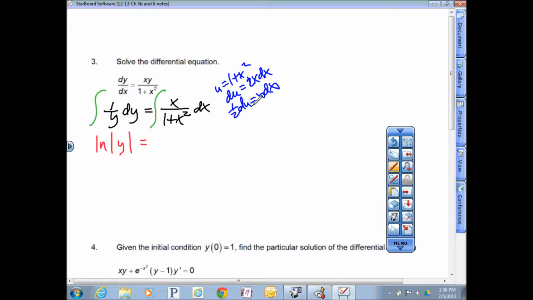So I'll throw that in, and I'll end up integrating then 1 over u du with a 1/2 out in front of it. So if I do that, and I go through and I do my integral, I think I've got 1/2 natural log absolute value of 1 plus x squared plus my constant. So I've taken care of both sides of my differential equation.